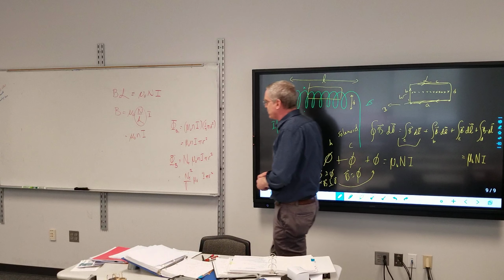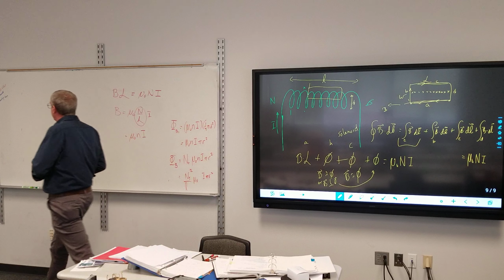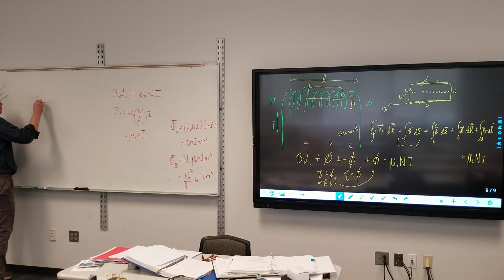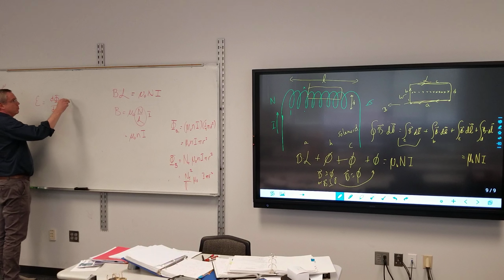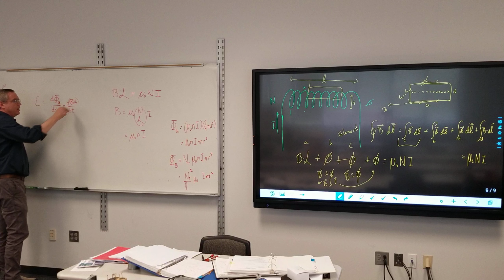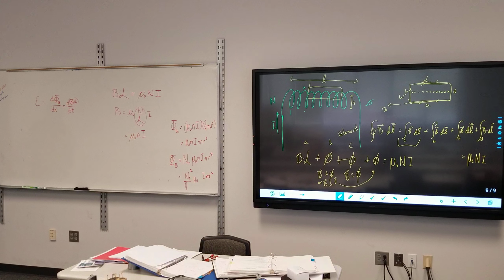That's why we can flip the switch there. I know that an EMF is going to be produced if I have a change in the magnetic flux with respect to time, which is just going to be d(BA)/dt. And unlike the problems that we had just done, my area is not changing.